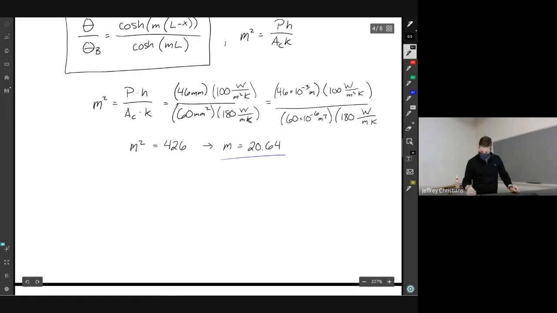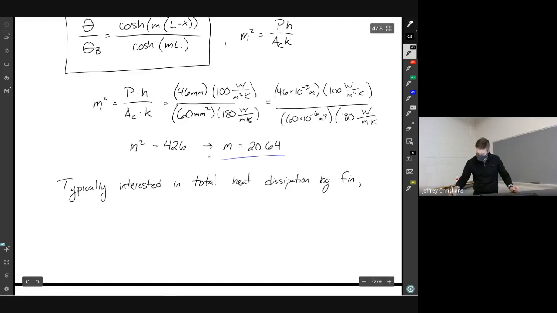So we are typically interested in the total heat dissipation by the fin, right, which we'll label as Q fin.